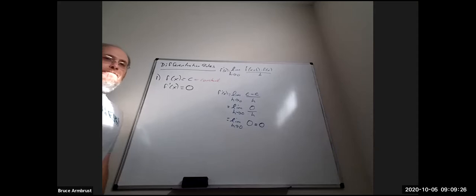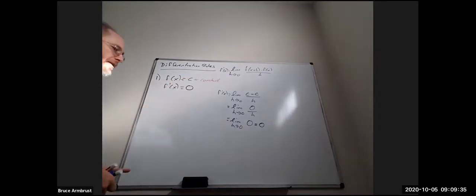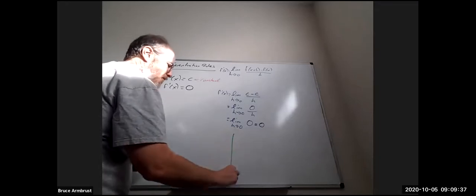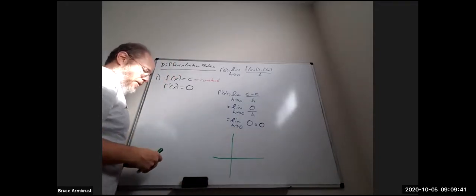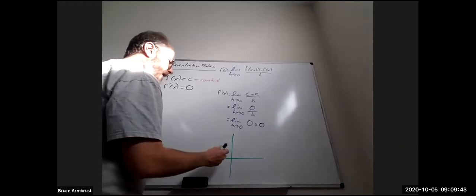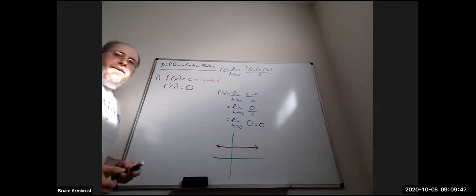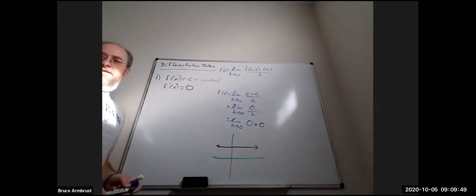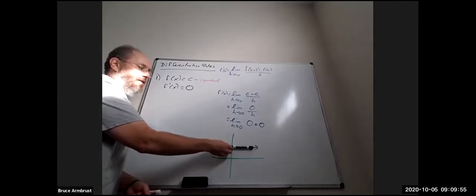All right, now, this is one where we didn't really need to do the calculus, if you think about it a little bit. Think about what the graph of a constant function looks like. All right, so here are our coordinate axes, and then a constant function is just a horizontal line. And if you were to take a tangent line to that line, well, tangent lines to lines are the lines themselves.